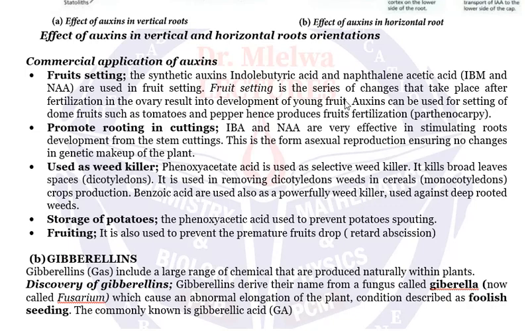We discuss fruit setting in detail in reproduction in plants, but you need to know the concept: after fertilization we will have different kinds of changes, as we shall discuss later. Fertilization results in formation of a zygote and endosperm.